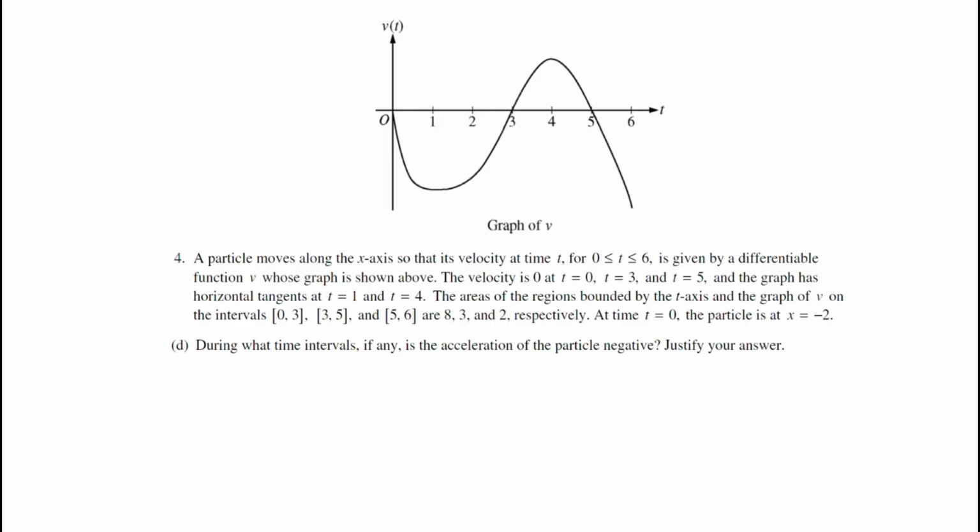Now in part D, we want to know during what time intervals, if any, is the acceleration of the particle negative? Well, a of t is less than 0 if v of t is decreasing. And we were given some places where we had local minima and maxima. One of them was at 1.